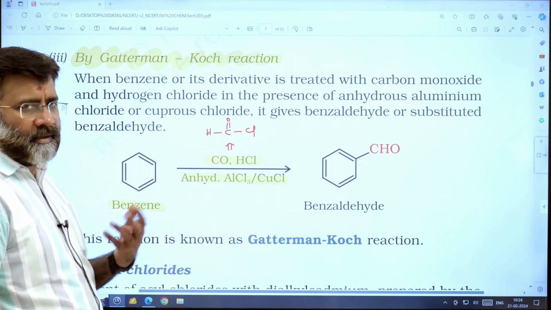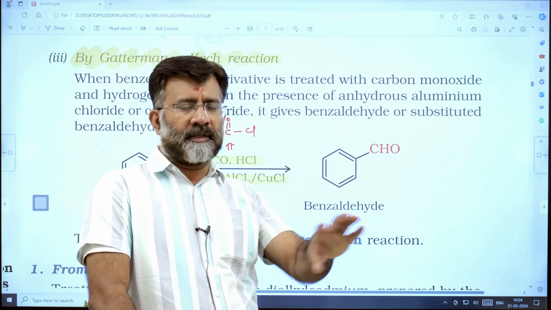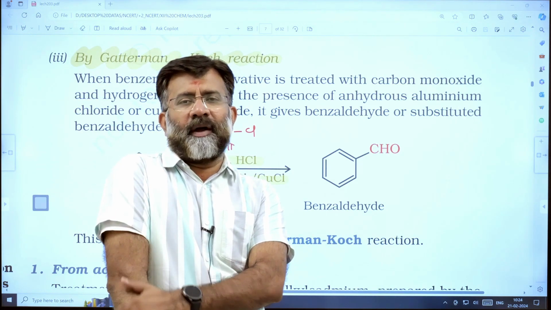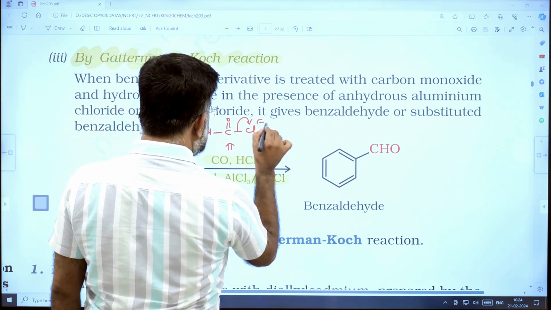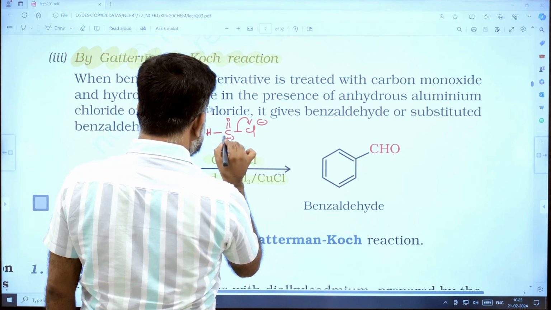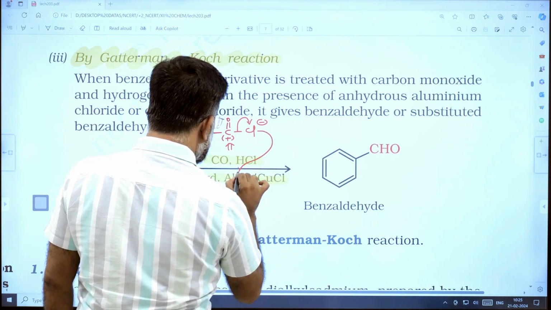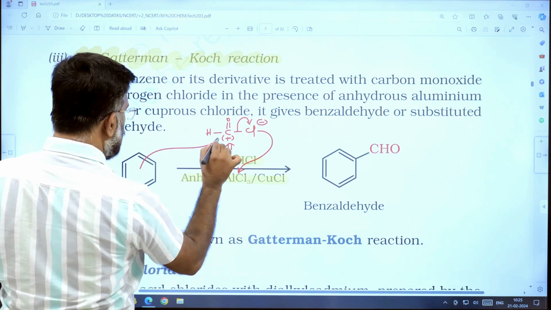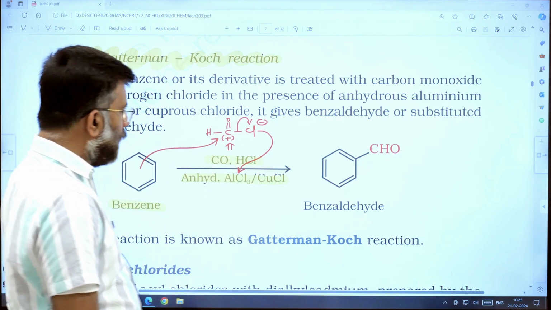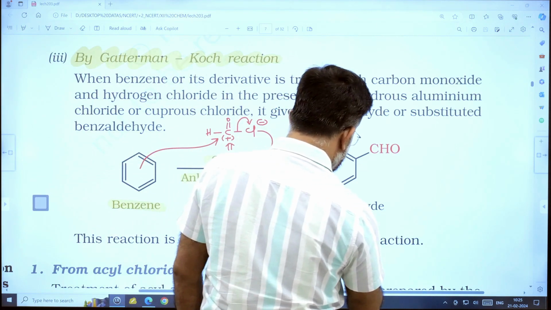Formyl chloride is unstable and is prepared in situ by mixing CO and HCl. Now, this bond breaks and Cl minus goes out, and you get C plus, and this Cl minus is withdrawn by AlCl3. This is the electrophile which is attacked by the benzene ring, and you get benzaldehyde.